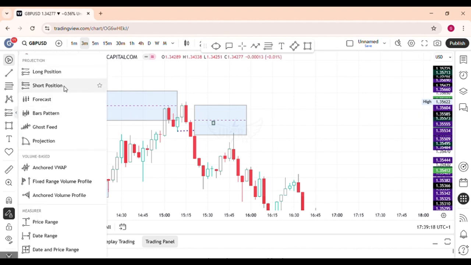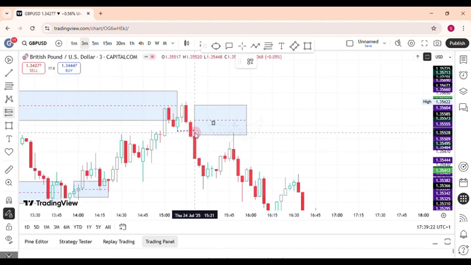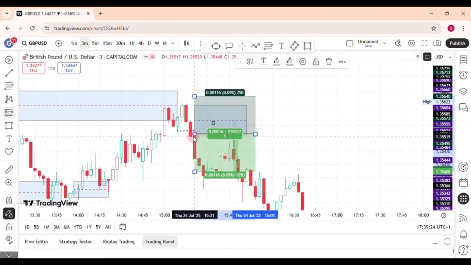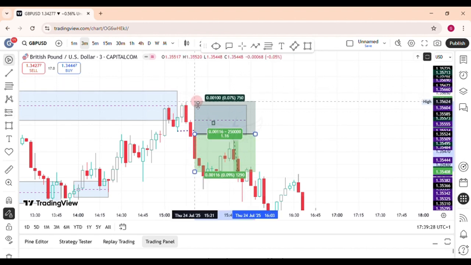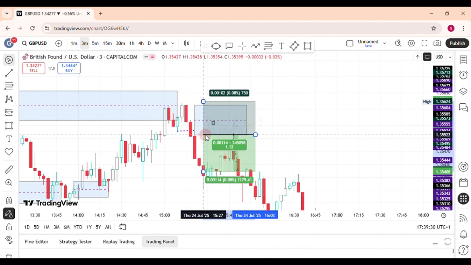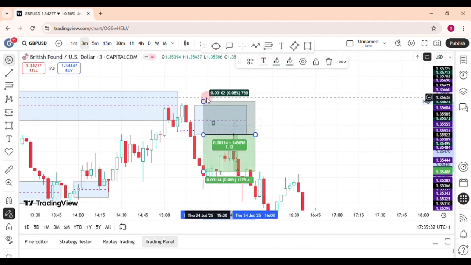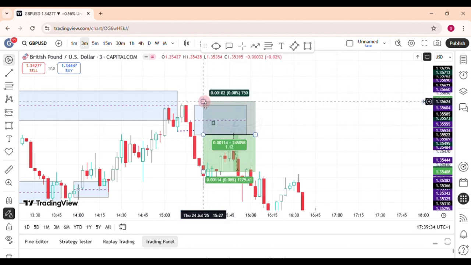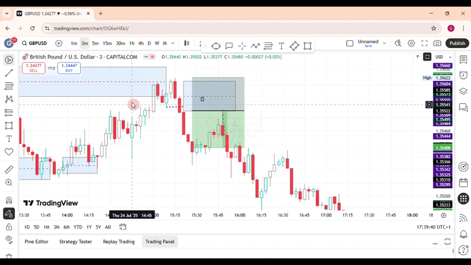So this is how I would have entered this trade. For a short position, we'll put our entry here at the start of this fair value gap and wait for the market to come back to tap into it. This is where our stop loss would be, at the high that tapped into that previous fair value gap right here.